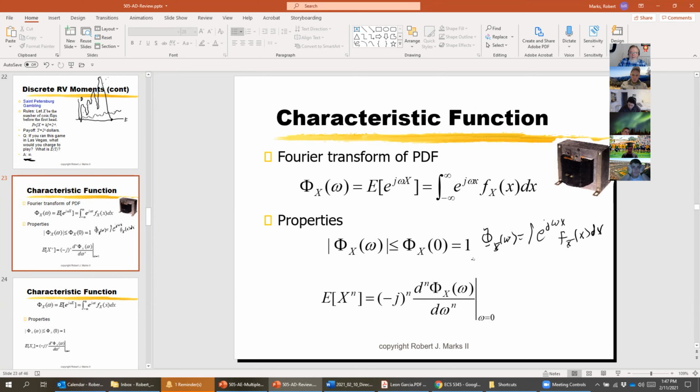And if we differentiate it n times, we're going to get a jx raised to the nth power times e to the j omega x. We all know the rule for differentiating an exponential, I'm sure.